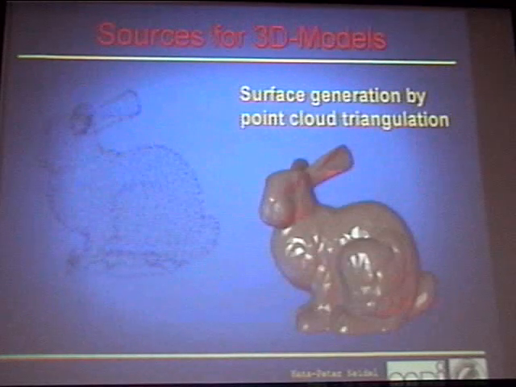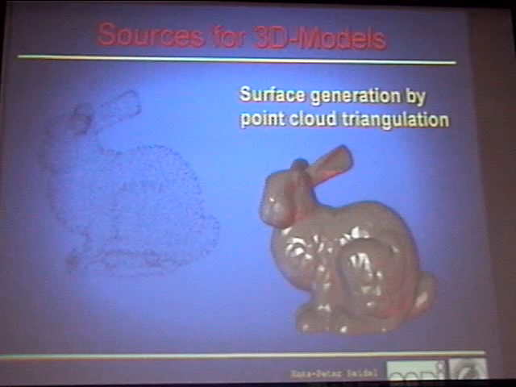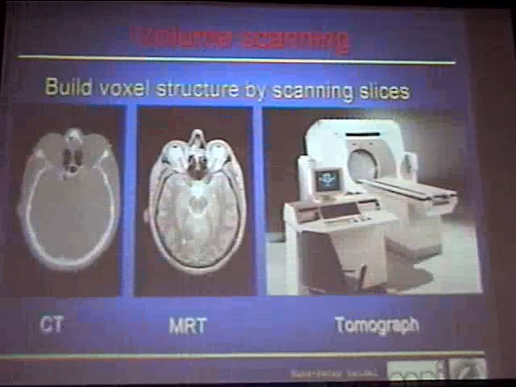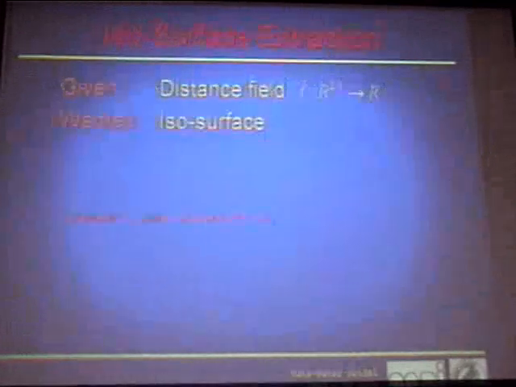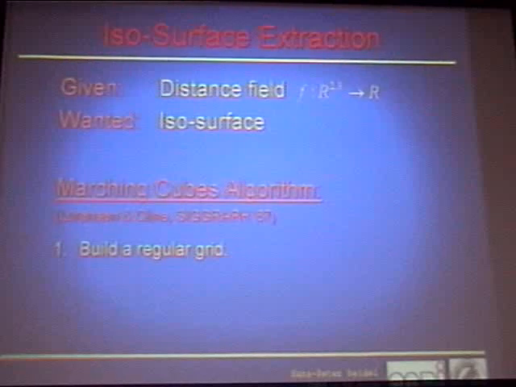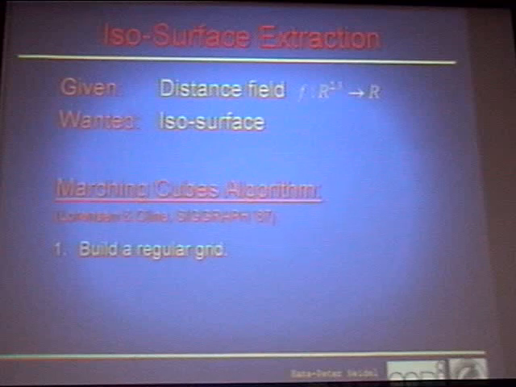So this is one example where basically we have taken a test data set consisting of a point cloud and then run some algorithm. This was some variant of the rolling ball algorithm, for those who are familiar with this, to produce a triangulation. This would be the setup in medical imaging where typically you have a certain distance field and you want to reconstruct out of this distance field, which has been sampled on a regular grid, an ISO surface describing your object.